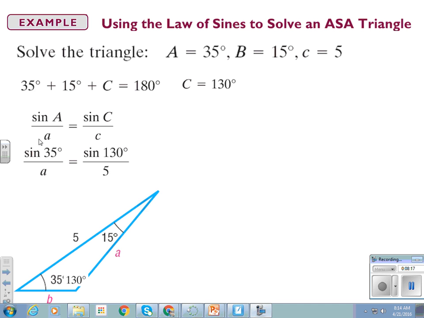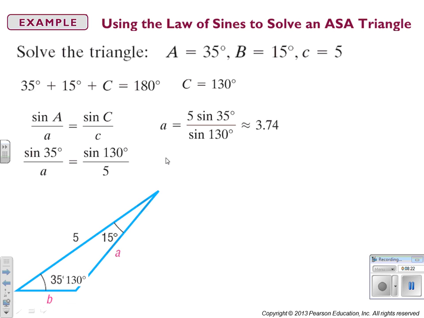Cross multiply and divide by sine of 30. So I get 5 times the sine of 35, sorry, divided by sine of 130. And then that goes here.